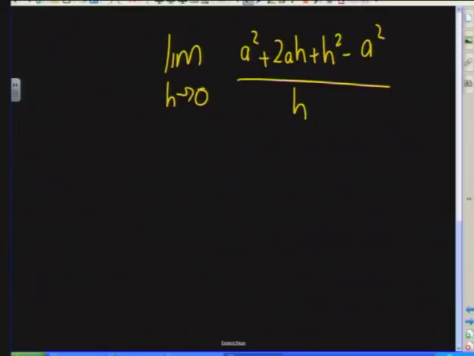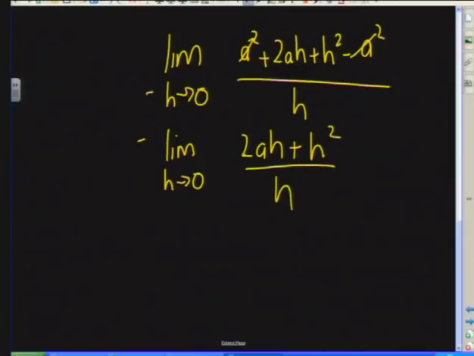We simplify that, and every single time it is quite tedious and quite boring, but you've got to bring down this limit as h approaches naught in every single step. Let's simplify. A squared minus a squared cancels, so I get 2ah plus h squared all over h.